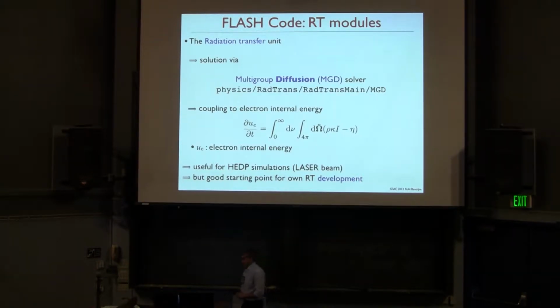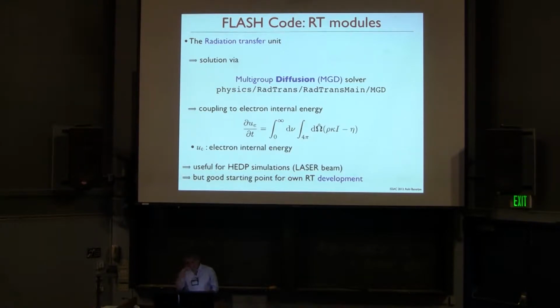So the radiation transfer unit in the Flash code is found in this directory here, and MGD stands for multi-group diffusion module.